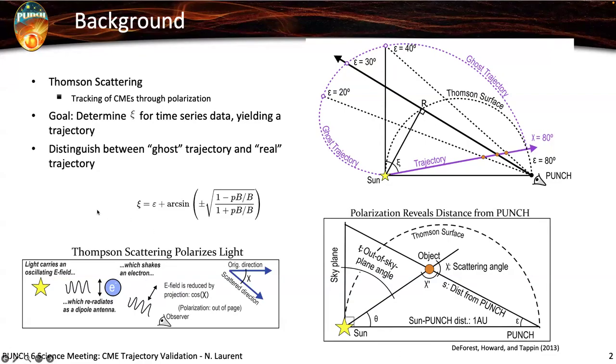And one consequence of using this method for determining positions is there is a discrepancy between a ghost trajectory and a true trajectory that results from the plus or minus there in that equation. And that is plotted on the upper right, where one of those trajectories will be radial, and that's the true trajectory of the CME, and then the other one is a ghost trajectory. So a big part of this is distinguishing between those two.